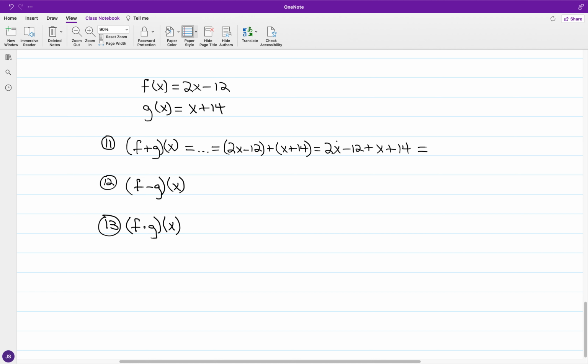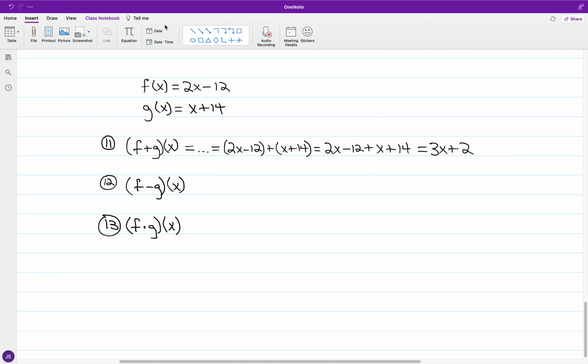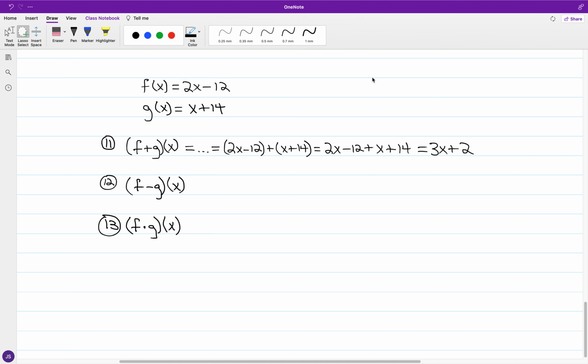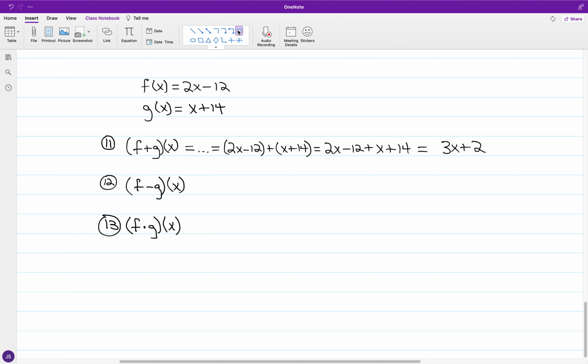And putting together, okay, so 2x plus x will make 3x. Negative 12 plus 14 comes out to 2. And so for the sum function, f plus g of x, again, this translates to the sum of f of x and g of x. And so we have the output specifically at 3x plus 2.